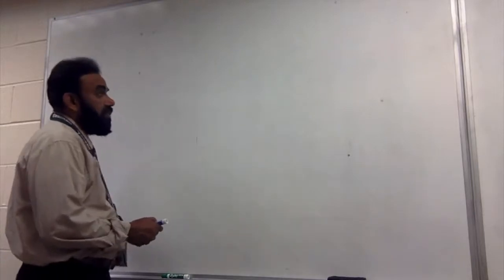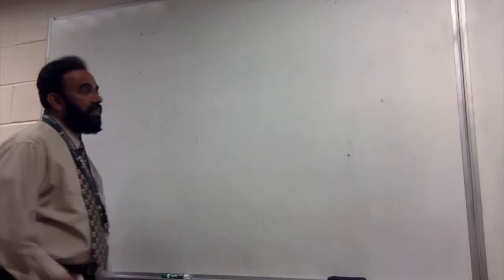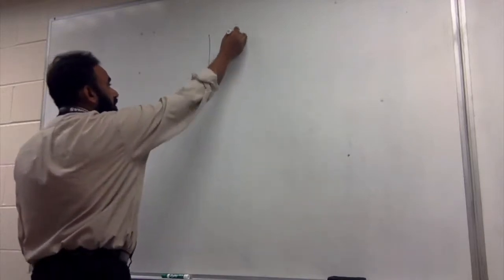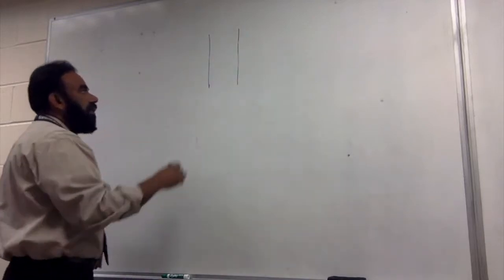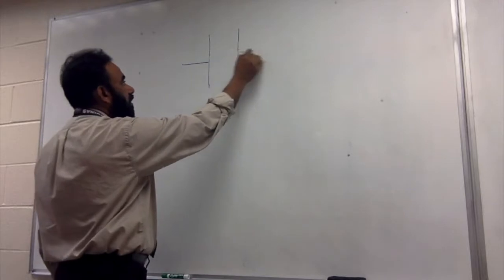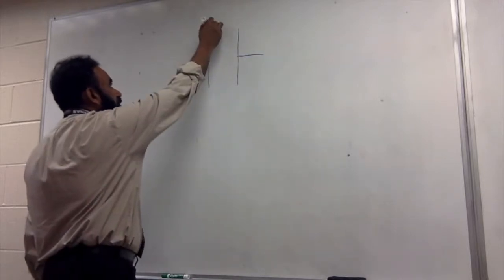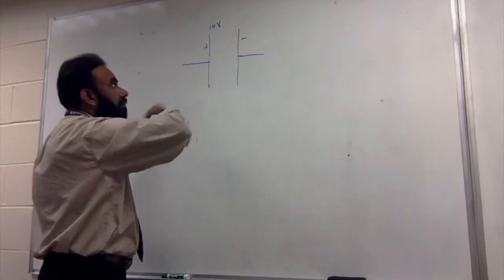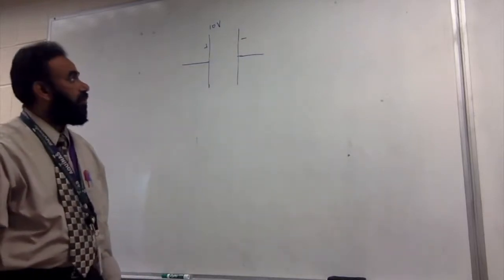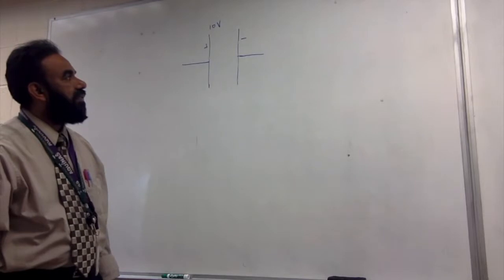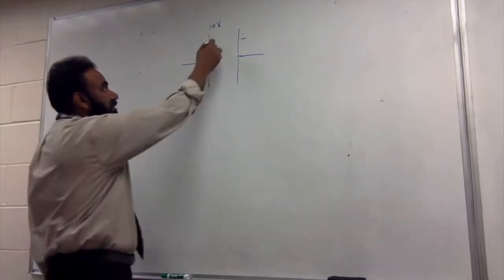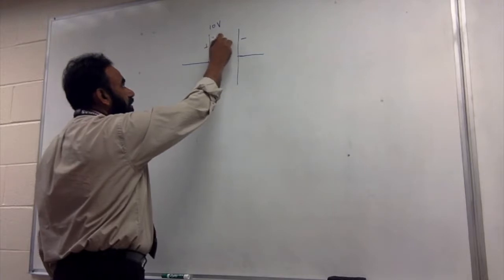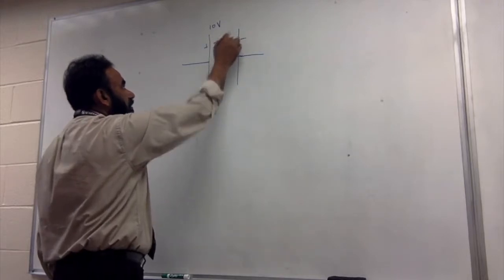Now, connecting two capacitors together. So let's talk about one capacitor. Imagine this is a capacitor that is charged to a potential difference of 10 volts, and it has a capacitance of 2000 microfarads.